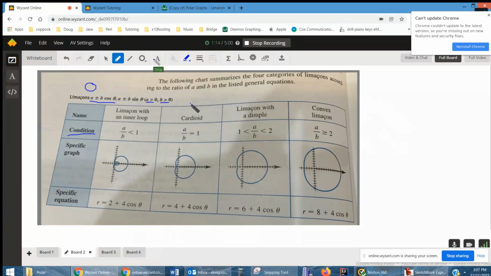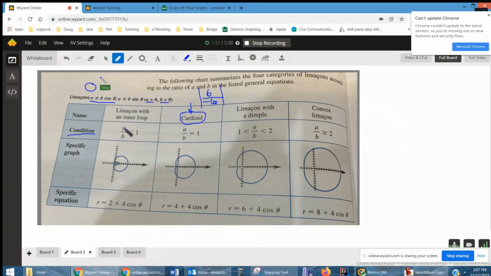Your problem, the ratio from A to B: B was 6 because we had a minus sign, but if you take the absolute value, the ratio is 1. That means you have a cardioid.